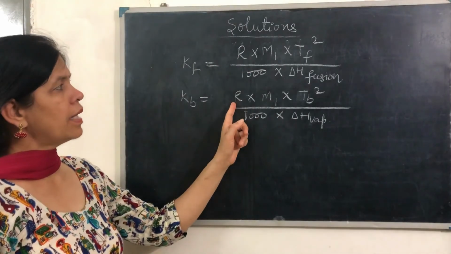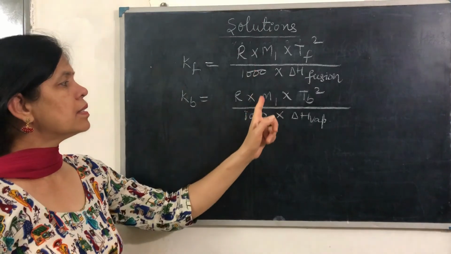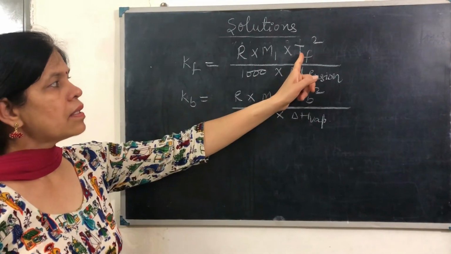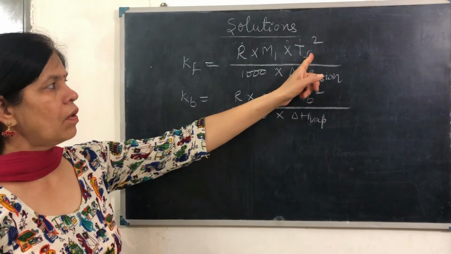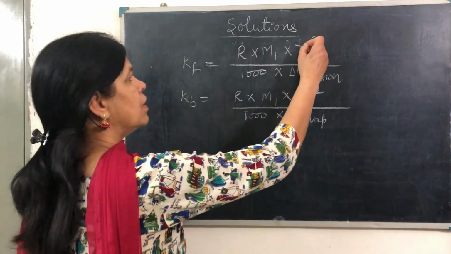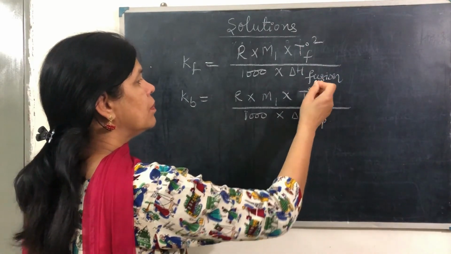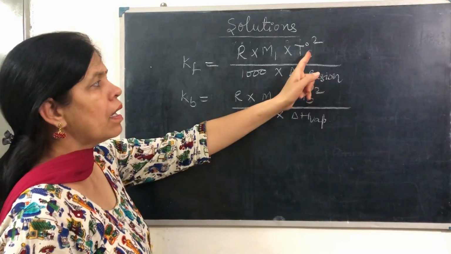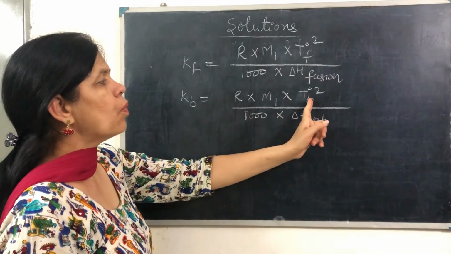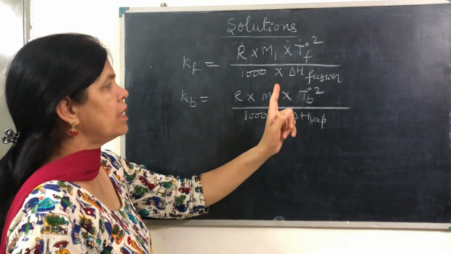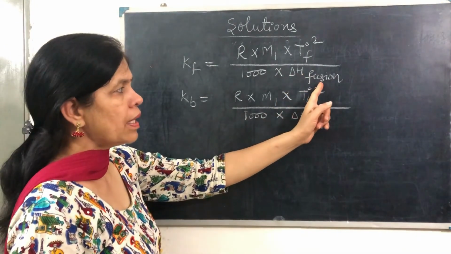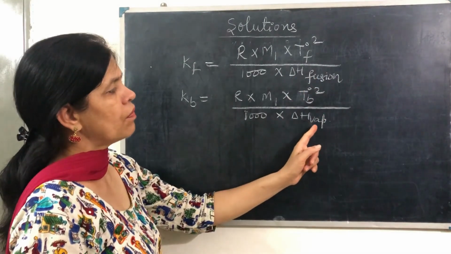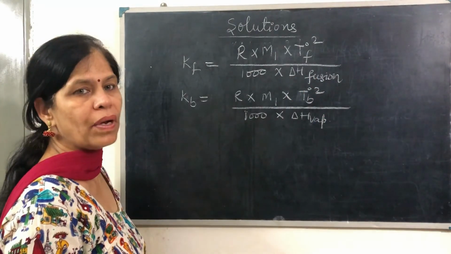R here is the gas constant, M1 is the molar mass of the solvent, TF is the freezing temperature of the solvent. Rather, I should have written TF naught. This is also TB naught. TF naught and TB naught are freezing temperature and boiling temperature of pure solvent, and delta H fusion is enthalpy of fusion, whereas delta H vaporization is enthalpy of vaporization.